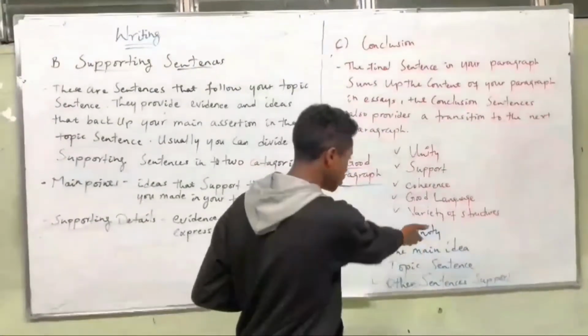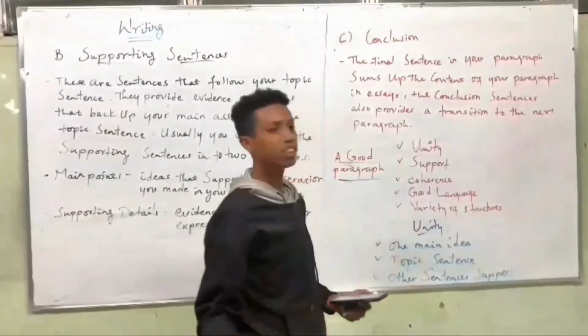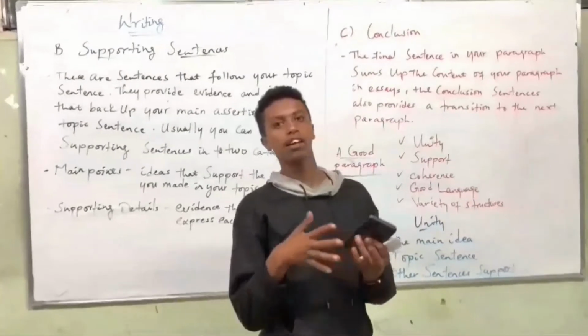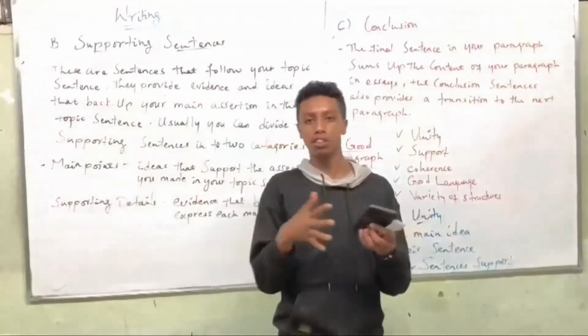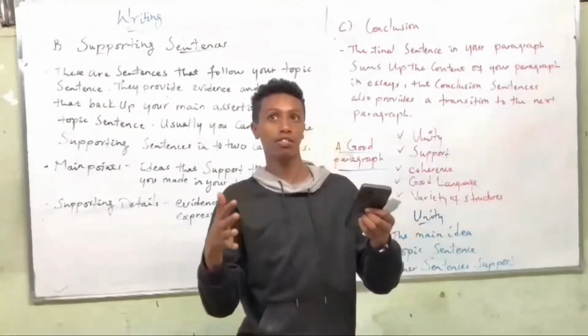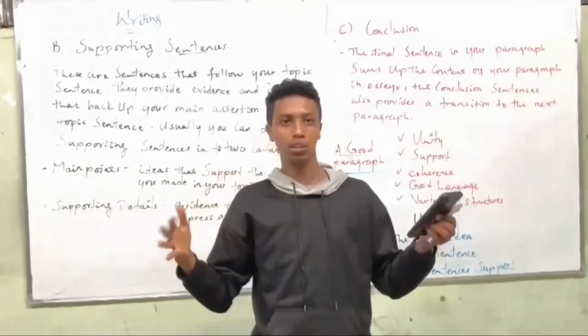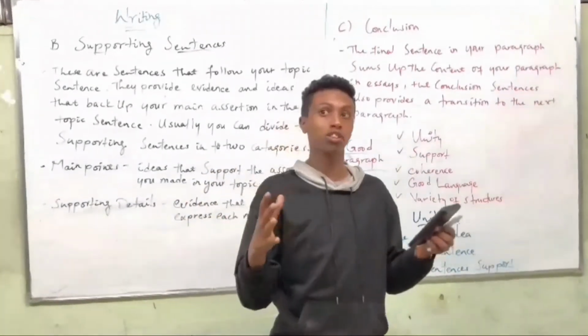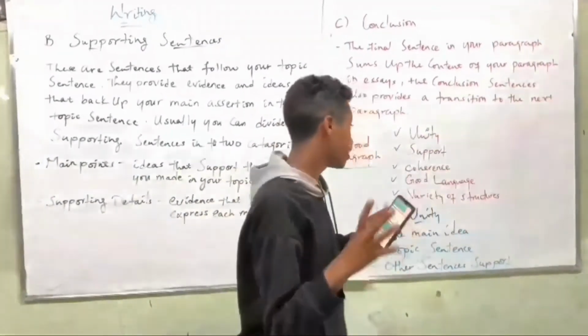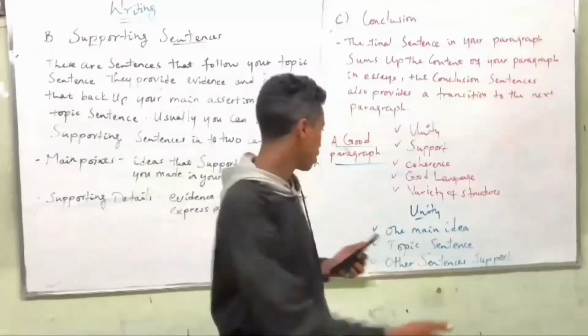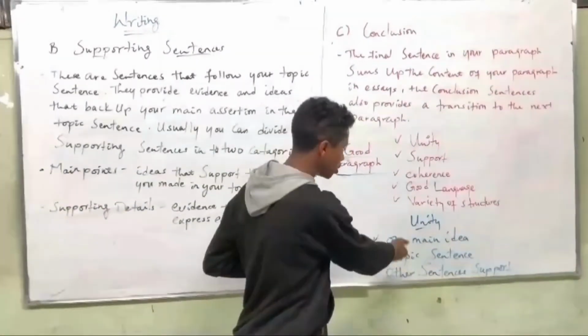So the first one, unity. Unity shows that the paragraph's ideas support each other and come together to make a unified idea, or to make the main idea bold. There are three things mentioned here.